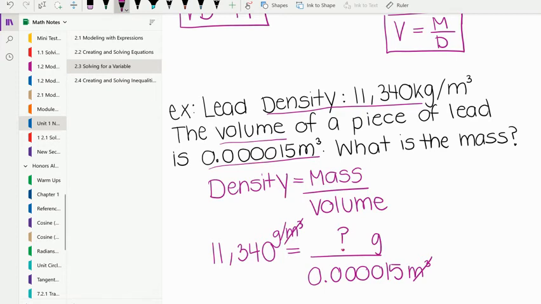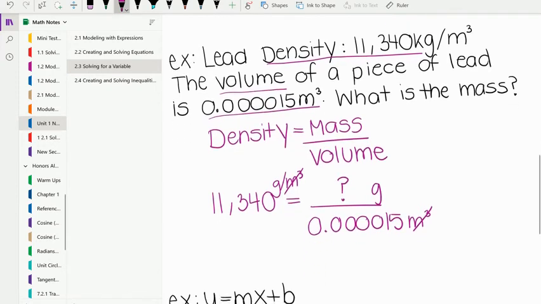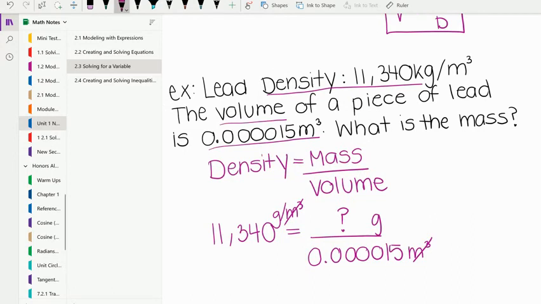So we don't know what that is yet. So in order to get that by itself, what we're going to do is just multiply both sides by that amount. So that cancels.